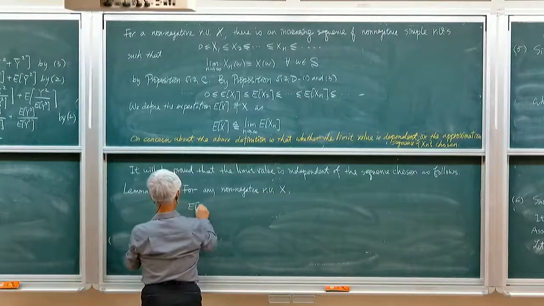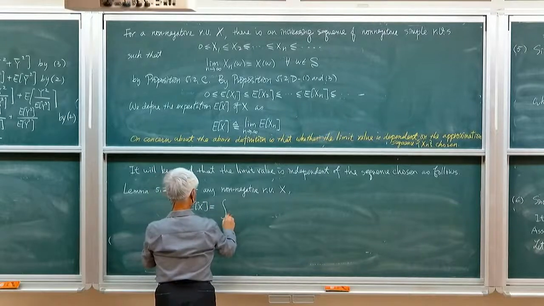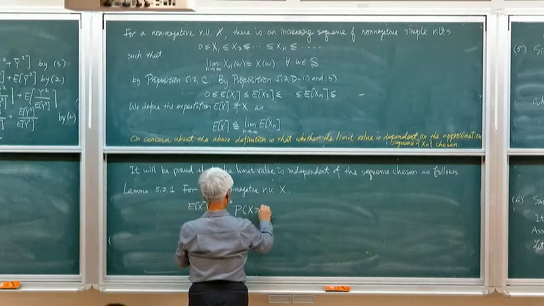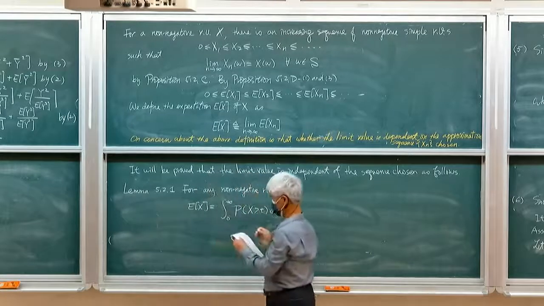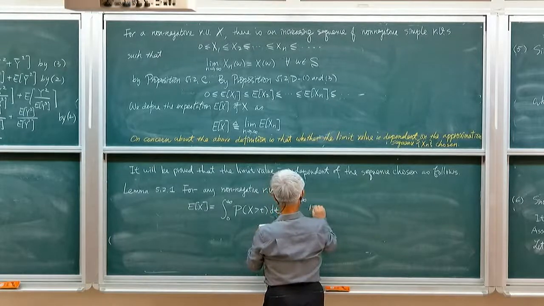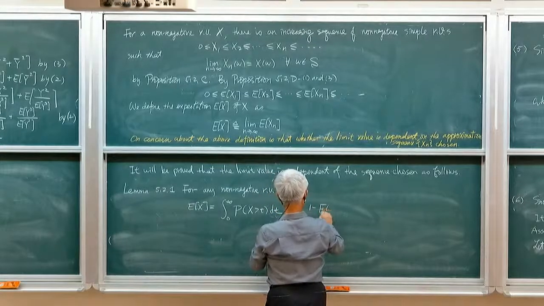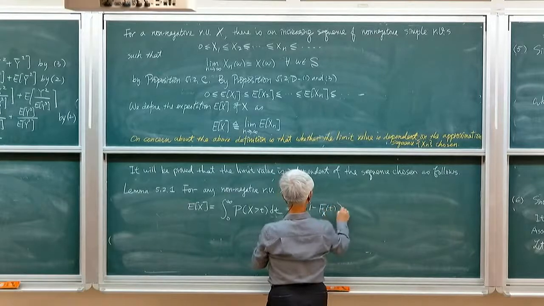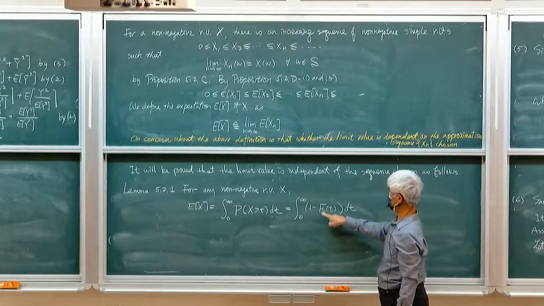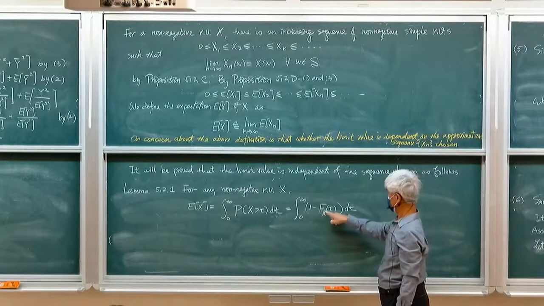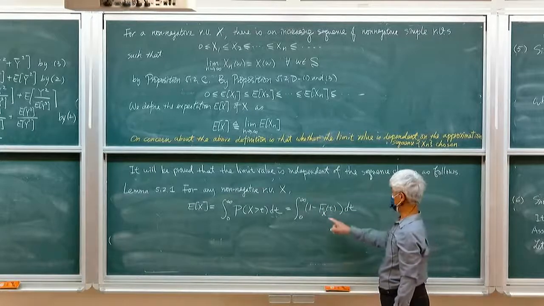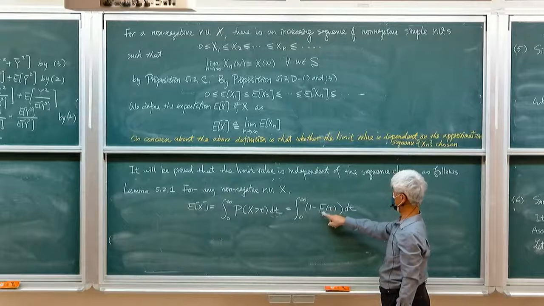The expectation of x is actually this integral, and it's actually 1 minus the CDF of x. When I put the subscript here, it indicates that this is the cumulative distribution function of the random variable x.